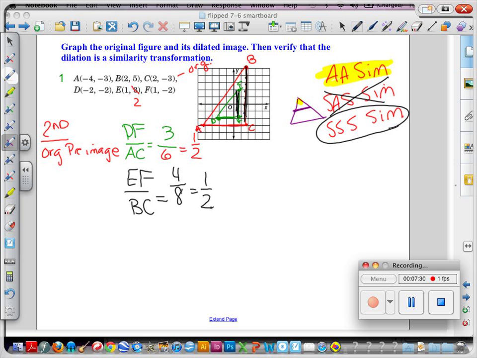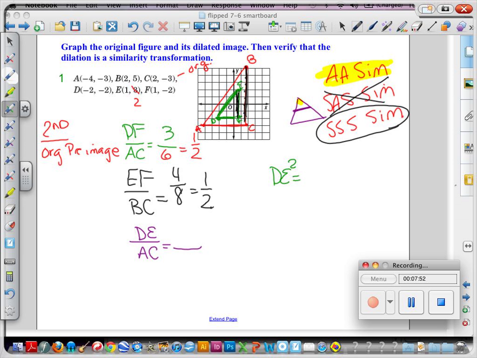And so I'm going to have to do my DE and my AB. I'm not going to be able to count those out, so I'm going to have to find those. So when I'm looking for my DE, I'm going to have to use the Pythagorean theorem here.